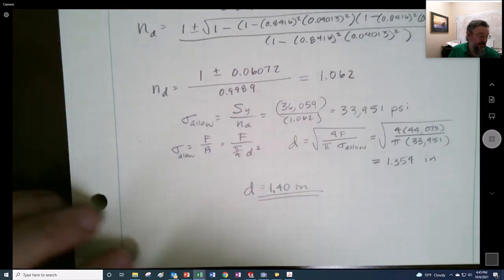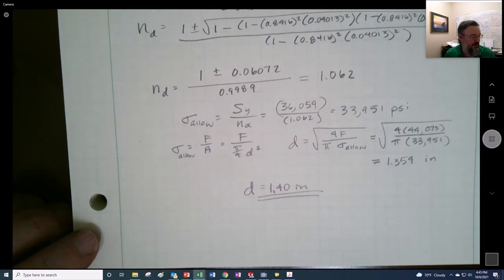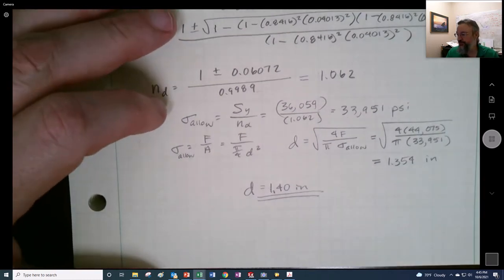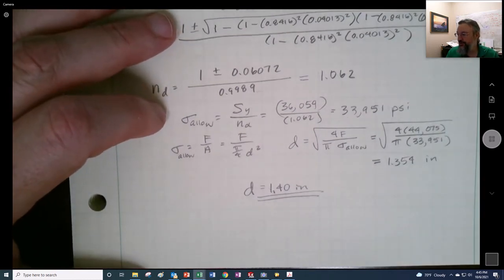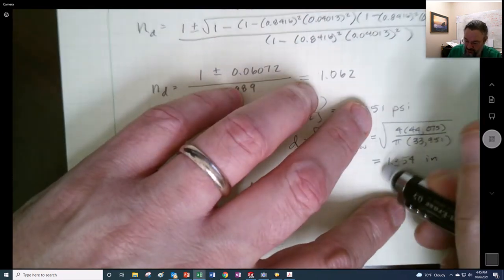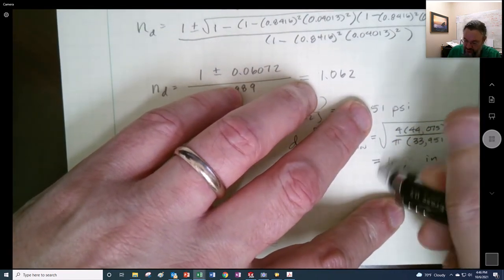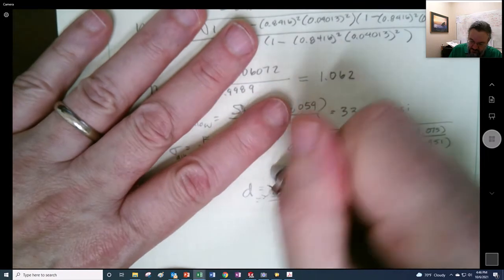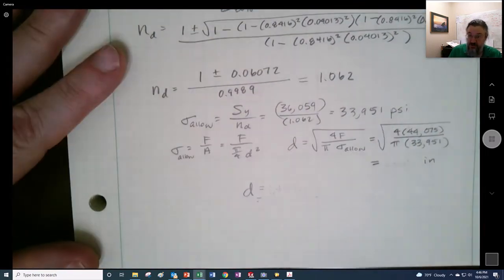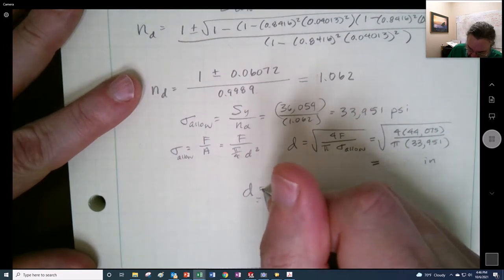I'm not going to do part C where it asks for 99% reliability, but a similar thing is going to take place. No, I just made a mistake here. I apologize, that was not the correct number. I was cheating and looking at my Excel spreadsheet I had just made.